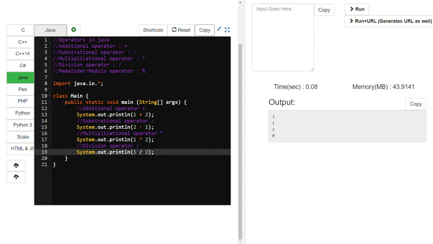So if you want to know the decimal value also, then you need to change them into float values. See, you will see the decimal values. 0.5.